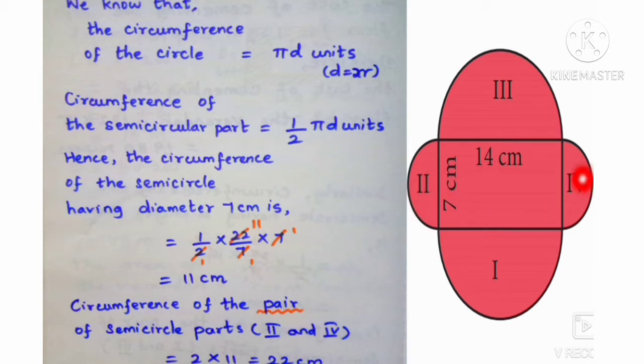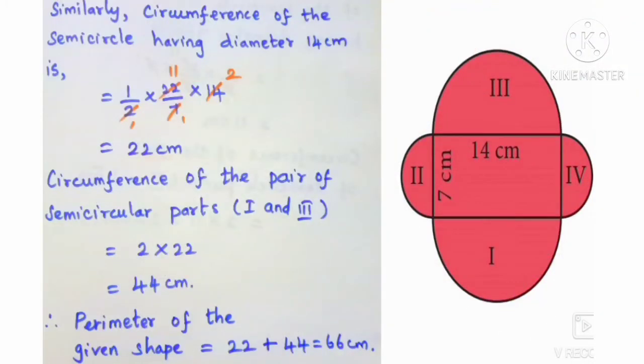Now students, the next step, we are going to find the semicircle's circumference having diameter 14 centimeter and then multiply 2 with that value to get the circumference of the pair of semicircle parts 3 and 1.